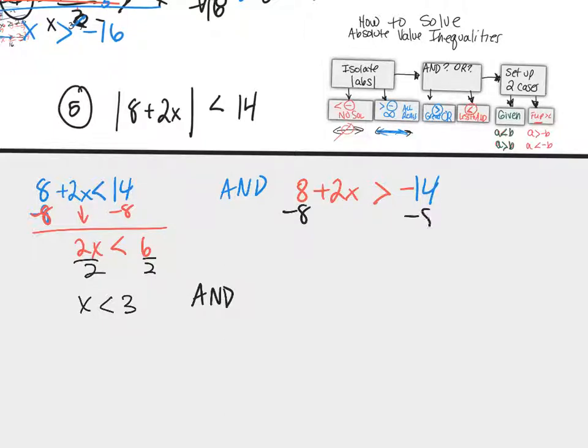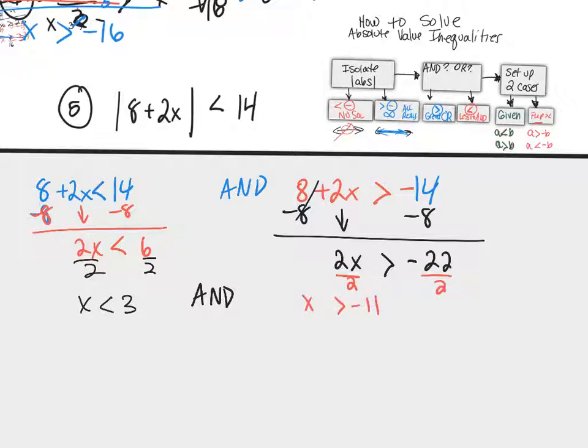Minus 8, minus 8. 2x greater than, what's negative 14 minus 8? Negative 22. I am now going to divide by 2 on both sides, and I get x is greater than negative 11.